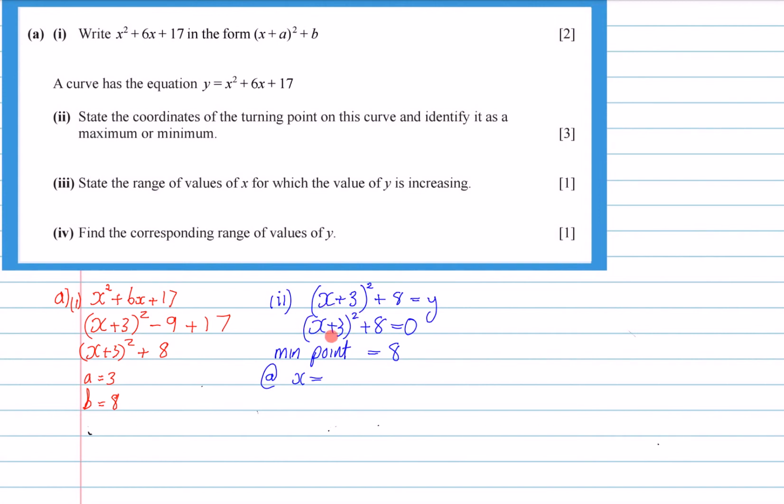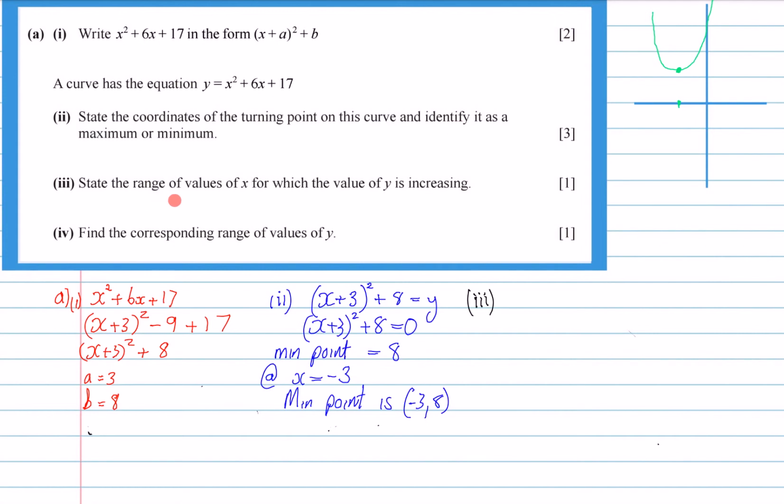Now, to make this here 0, and as a result make this equation equal our minimum point, the value of x here must be minus 3. So the minimum point is minus 3, 8.